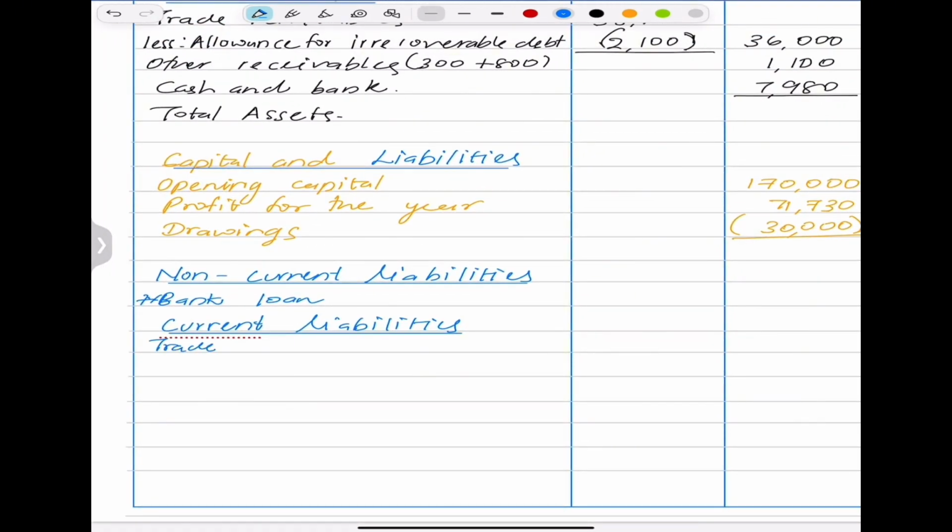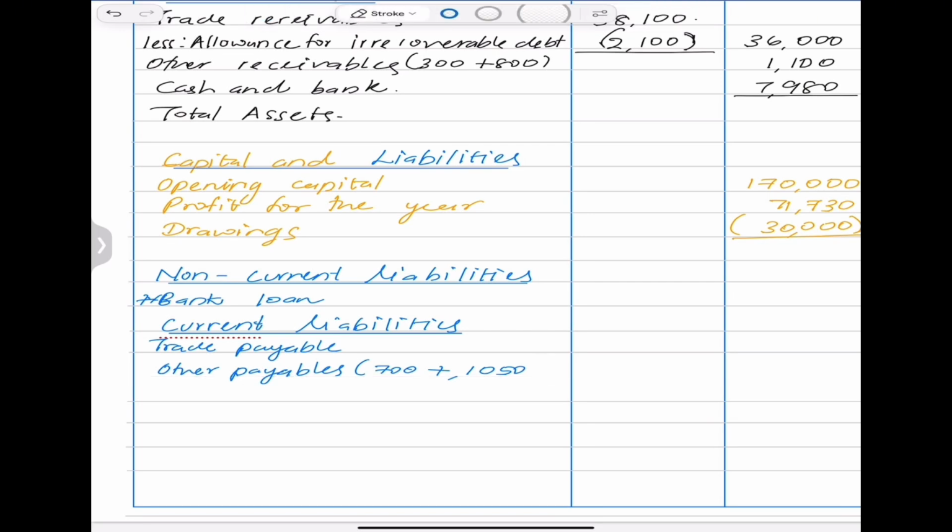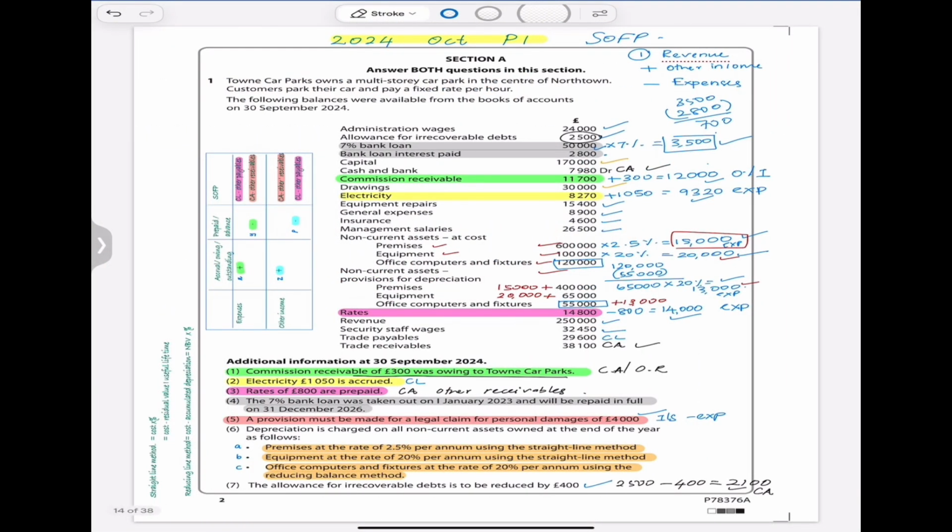So first let me write trade payable and then other payables. Under other payables I have interest, which is bank loan interest owing, 700. Electricity owing, which is 1,050. And then you can see there is an accrued provision. In the question, you can see this accrued provision.